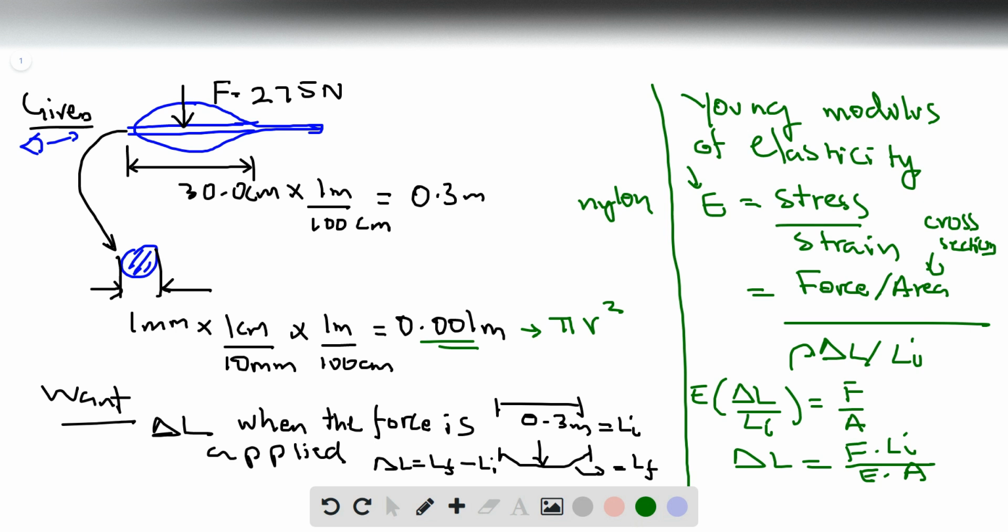Pretty much what happened is that we multiplied both sides by the reciprocal of E over delta L, and so we have a new arrangement that can help us solve for the change in length.